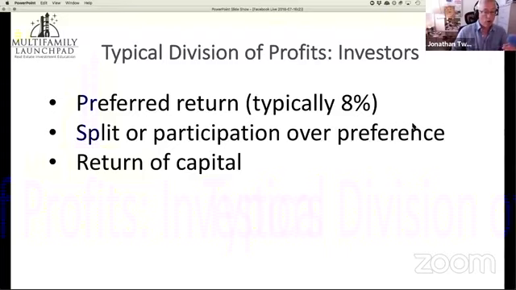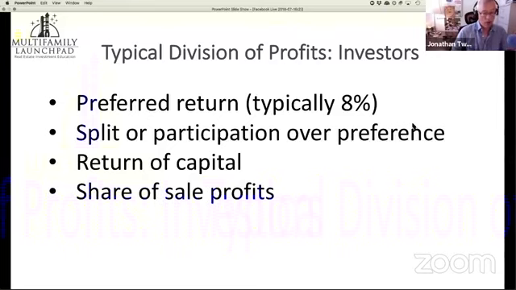So either you're paying them a return on investment as you're going, and it doesn't touch the principal, or you're paying them a return of capital, a return of investment, and you're not paying them a return, so to speak, but the capital stock is getting lower and lower and lower. And then there's a share of the sale profits, okay, at the end. So just to review, they get preferred return, a split over the preferred return or a participation over the preferred return, return of capital, and then a share of profits.